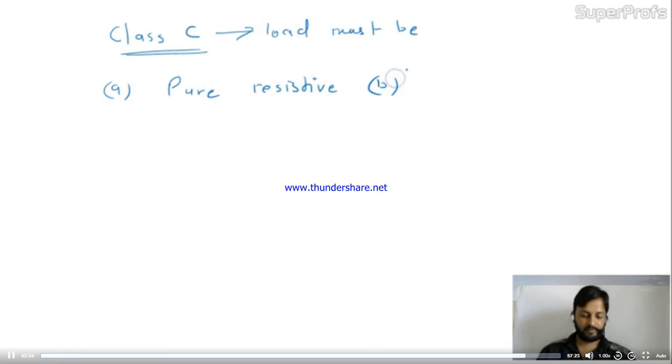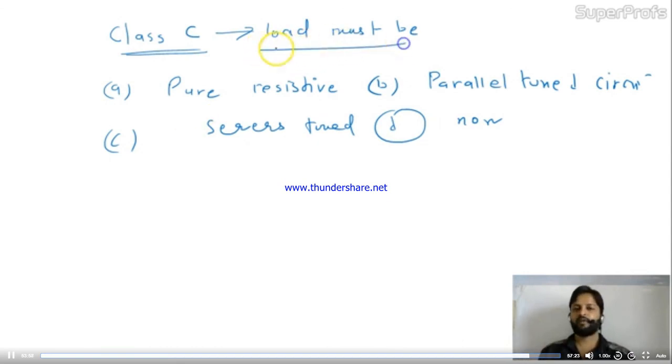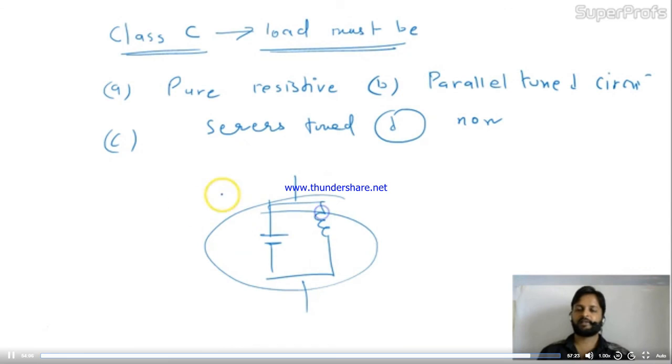Option B is parallel tuned circuit. Option C is series tuned circuit. And option D is none. So tell me, for the class C amplifier, what is the load? We have seen the tuned circuit over there, right? Like this it was. So this is the parallel tuned circuit. Definitely the option will be B over here.